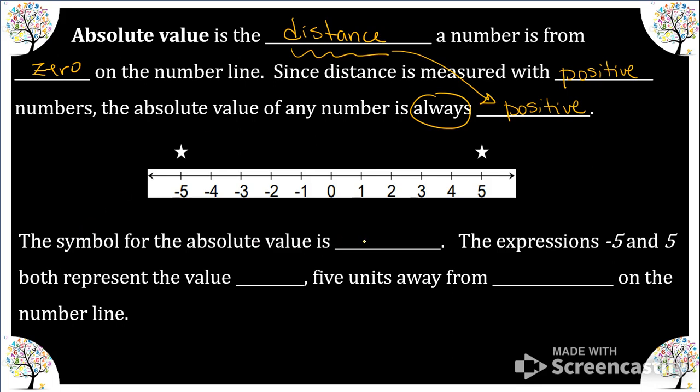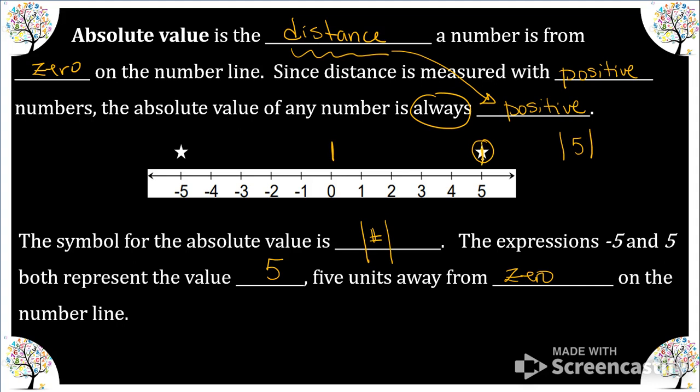The symbol for absolute value is the two vertical lines where you have some number in the middle. The expressions |-5| and |5| both represent the value of 5 because they are 5 units away from 0 on the number line. So let's take a look at this. If I want to know the absolute value of +5, here we are at +5, and we want to know how many units it takes to get back to 0.